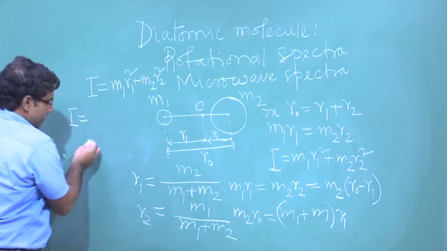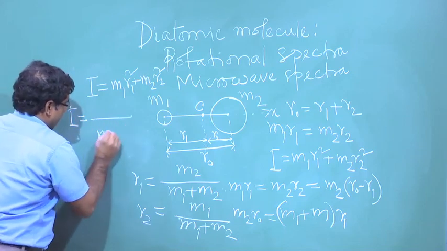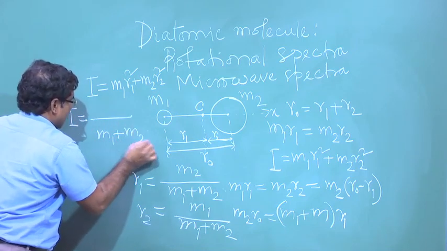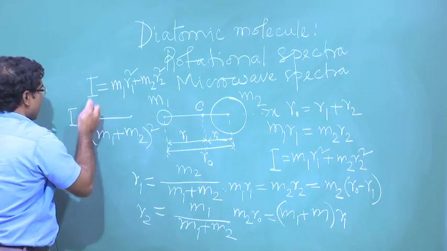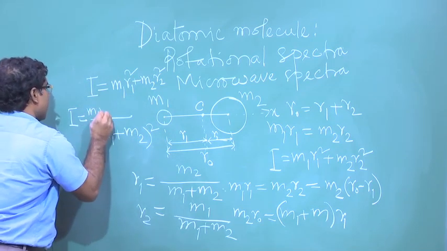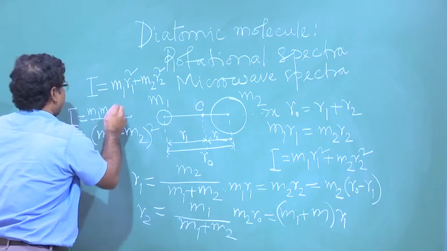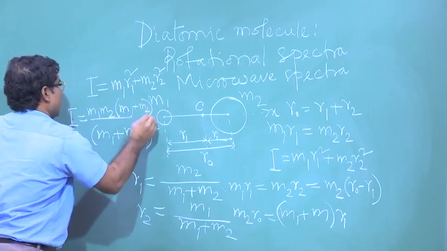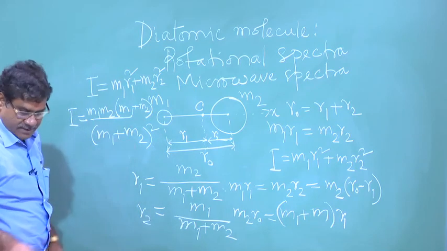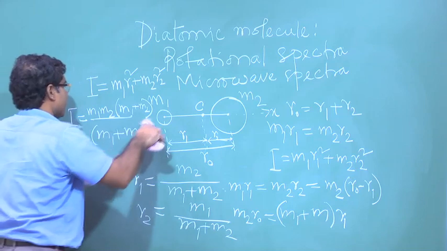So, (m1 plus m2) square in both cases, and m1 m2 I can take common, then there will be m1 plus m2. Okay. So basically the square will go.